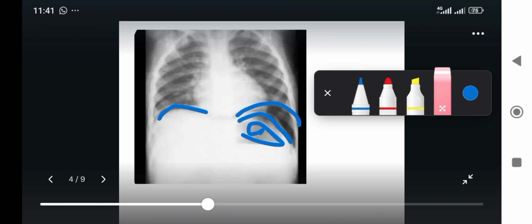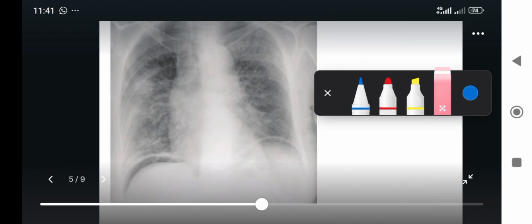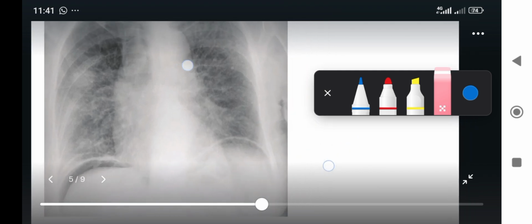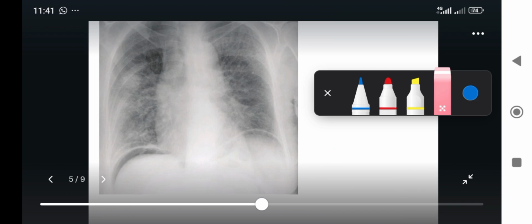So you can see, if you look closely, you'll be able to appreciate these walls that the air has separated. You see how thin this is, the wall of the diaphragm. See how thin it is. Look at the next image.